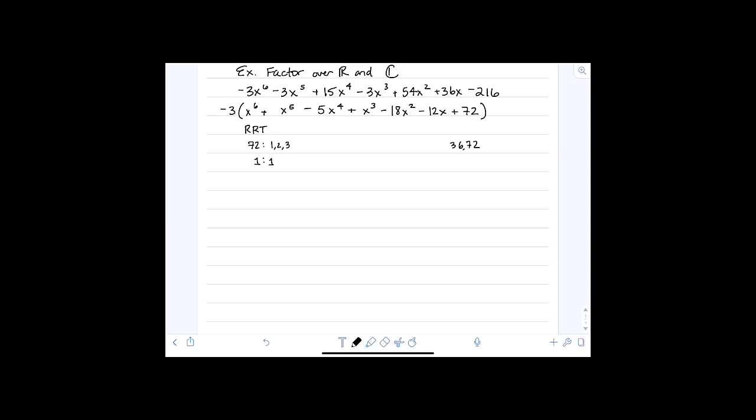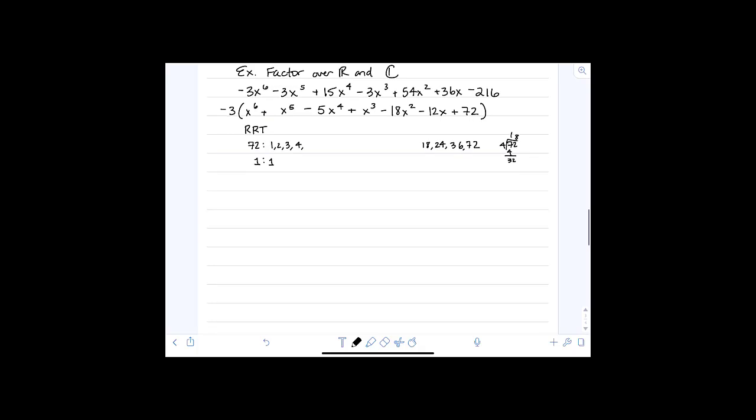Next will be 3 and 24. Next will be 4 and 18.